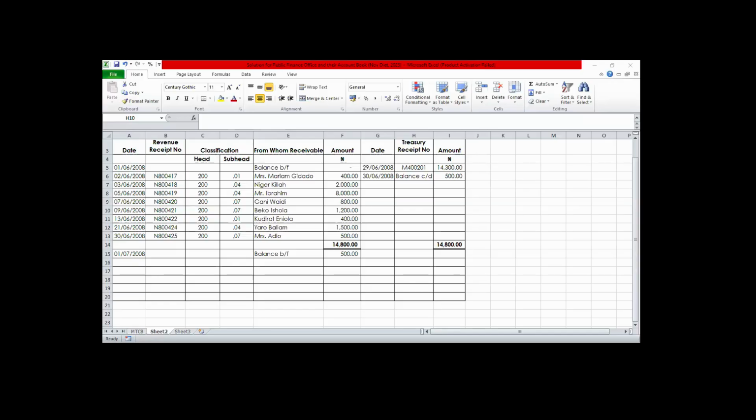November 24th, tea and sugar, 4,000 naira. November 25, biscuits, 1,200. November 27, calculator, 1,400 naira. November 30th, petrol and engine oil, 2,000 naira. November 30th again, servicing of official car, 1,200 naira.